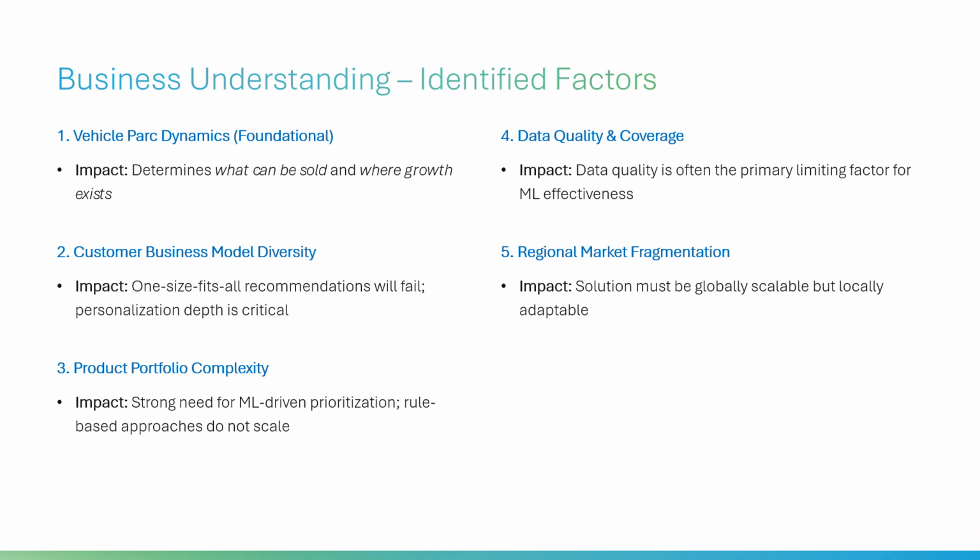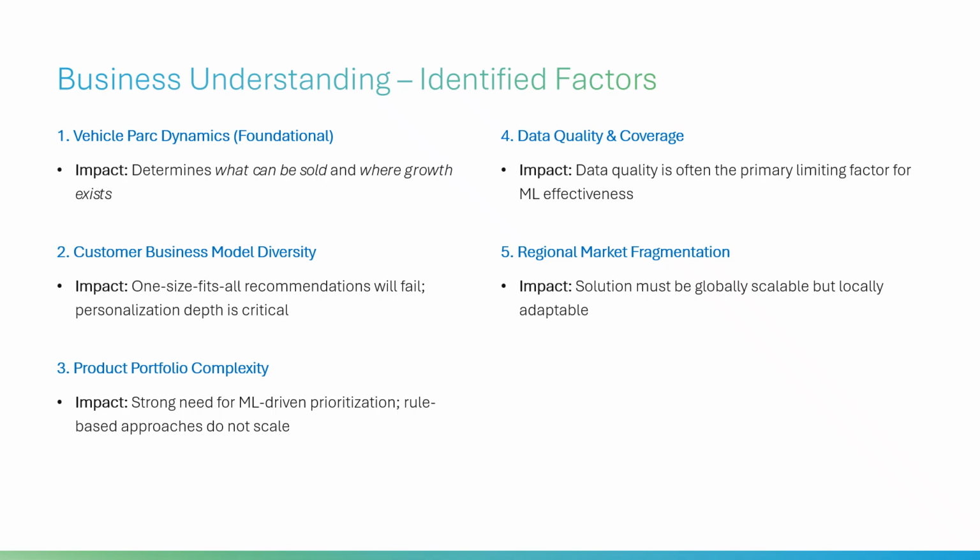There are some factors. The main ones are the vehicle park dynamics, and this is key because that helps us estimate the market potential where we can drive growth and what items we can sell. Customer business model diversity is also a factor. There might be a problem that one type of model is not going to be applicable to all the customers.